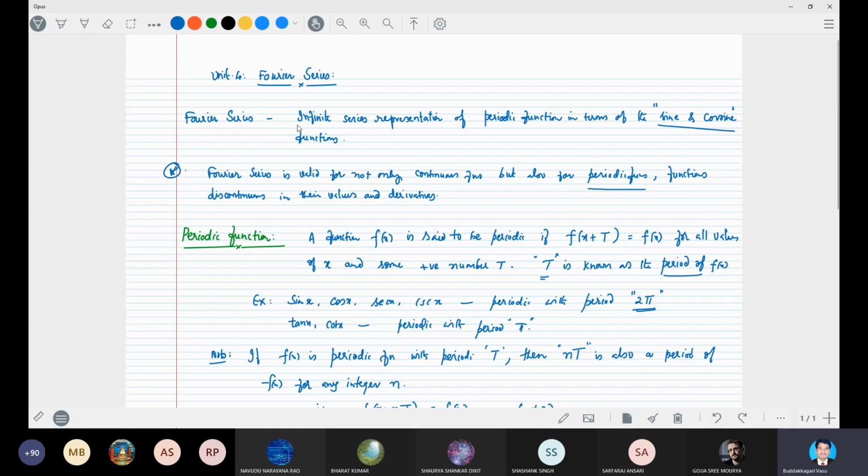Mathematically, the Fourier series of any function f(x) is equal to 1 by 2 a naught plus a1 cos x plus a2 cos 2x plus so on, plus b1 sin x plus b2 sin 2x plus so on.